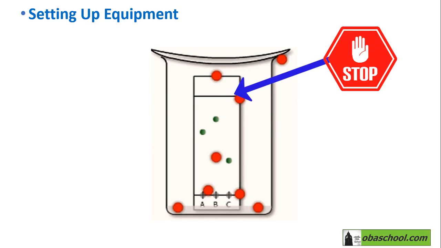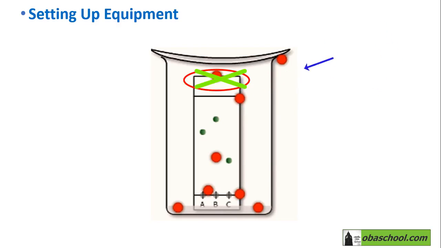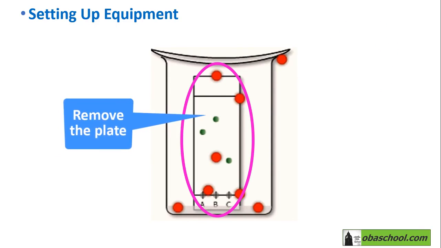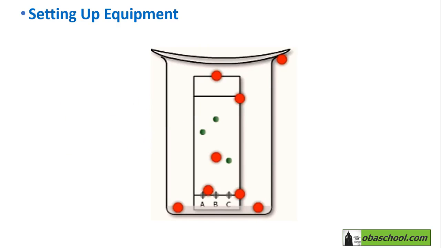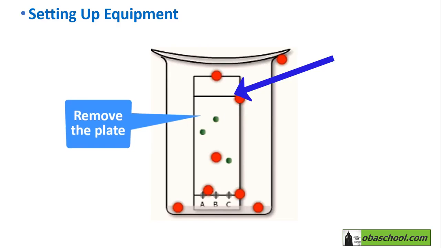We should never wait until it reaches the top. You must remove the plate from the solvent before it reaches the top of the plate. Whenever we see it reach this line, we directly remove the plate, put it in another empty beaker and let it dry.